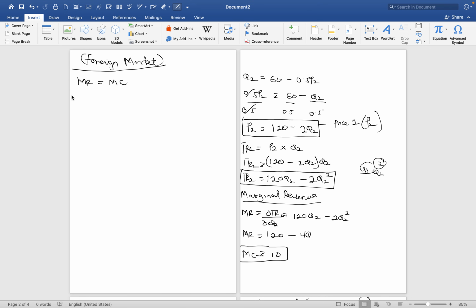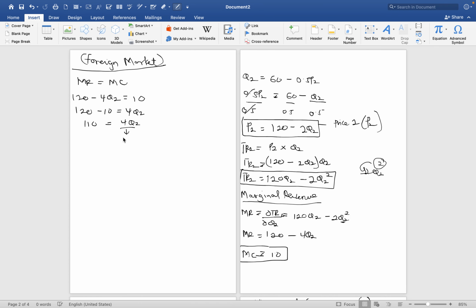So for marginal revenue, we had 120 minus, sorry, it's 4Q2, because the 2 came down, 2 times 2 is 4, and the variable itself is Q2. So 120 minus 4Q2 is equal to the marginal cost, which is 10. Maintain 120, move the 10, so minus 10. 120 minus 10 will give you 110, which is equal to 4Q2.